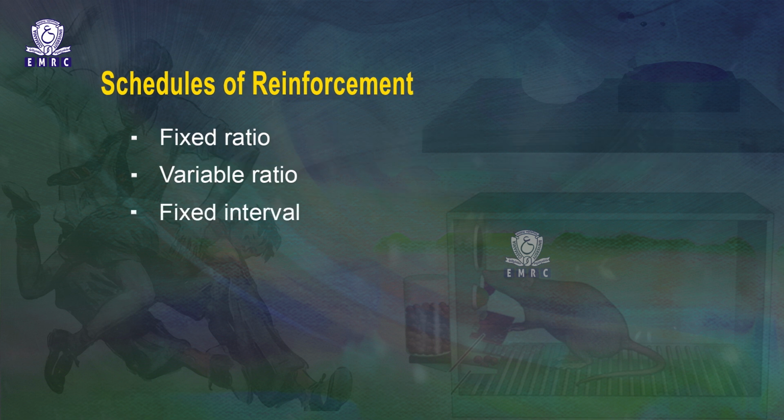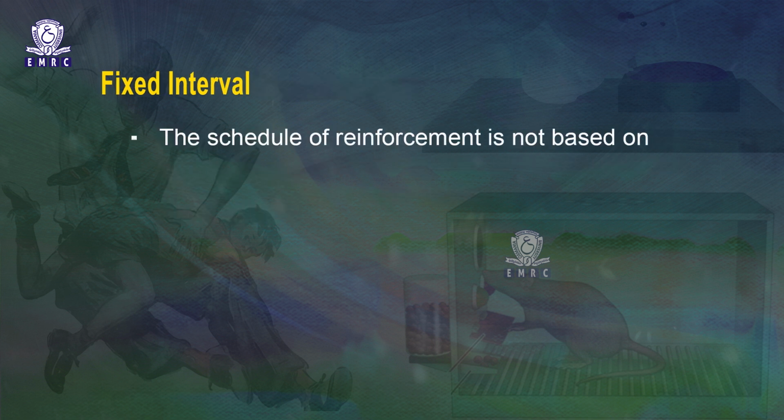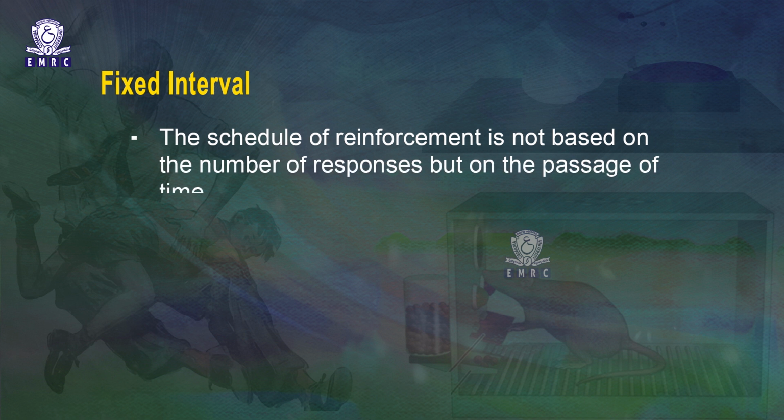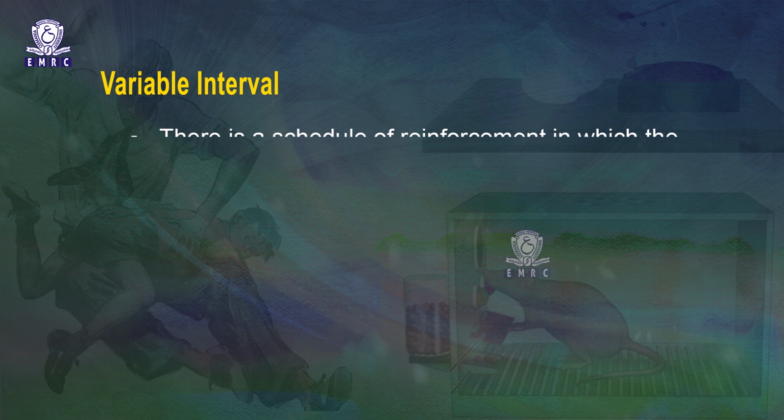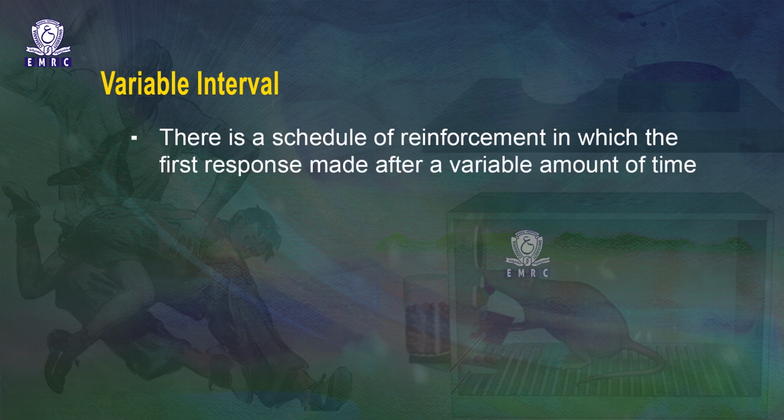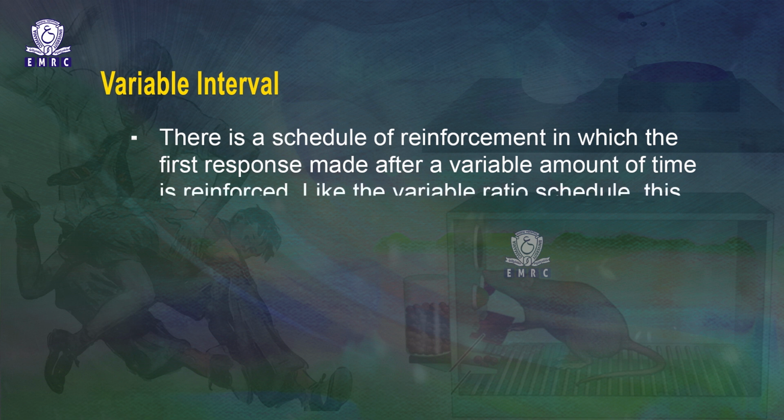3. Fixed interval. Here, the schedule of reinforcement is not based on the number of responses, but on the passage of time. 4. Variable interval. Finally, there is a schedule of reinforcement in which the first response made after a variable amount of time is reinforced.